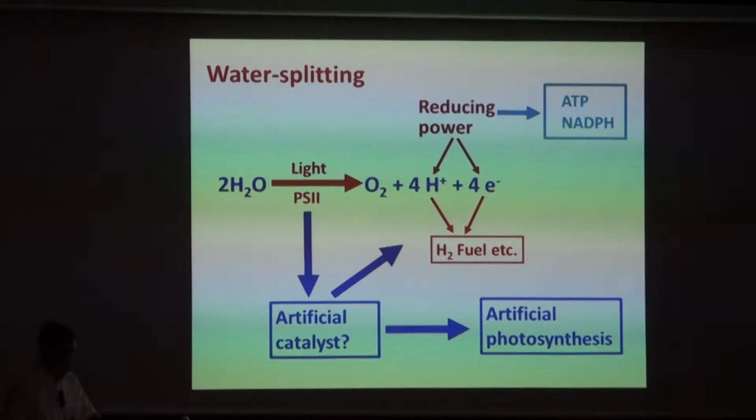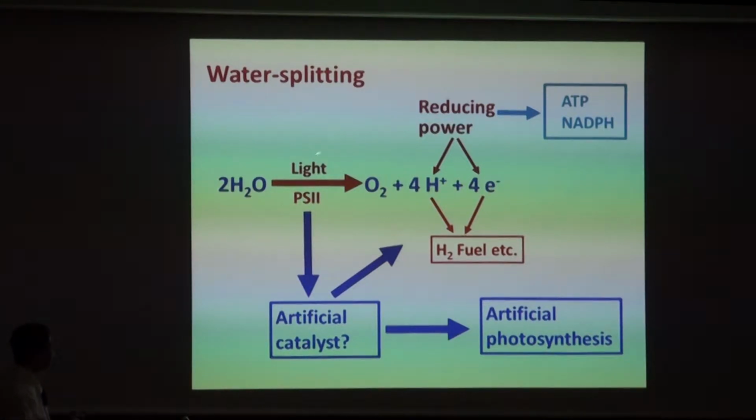In the field of artificial photosynthesis, there are several approaches, but one of the major approaches is that if you can use water and visible light to obtain protons and electrons, then you may be able to combine them again to generate hydrogen gas or even simple organic substances, like methanol.